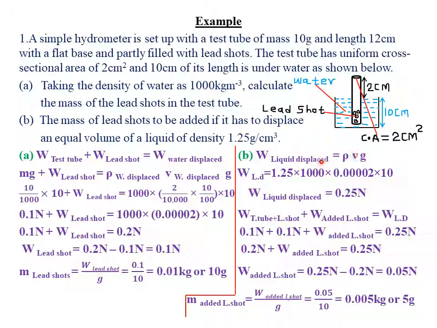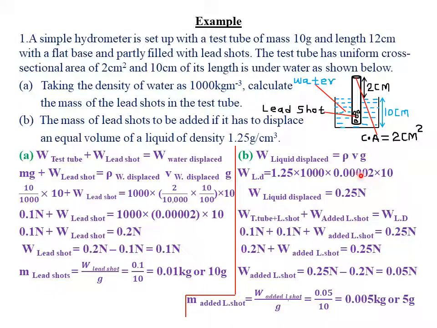Then the volume of the liquid displaced: we are told that the mass of the lead shot to be added has to displace an equal volume of the liquid. So that simply means that the volume of the liquid displaced is equal to the volume of the liquid that was displaced in part A. The volume that was displaced was actually 0.00002 cubic meter.